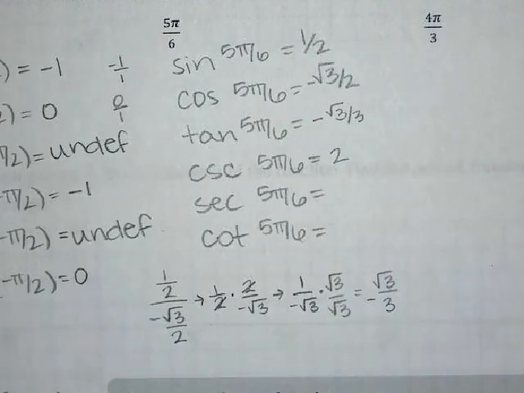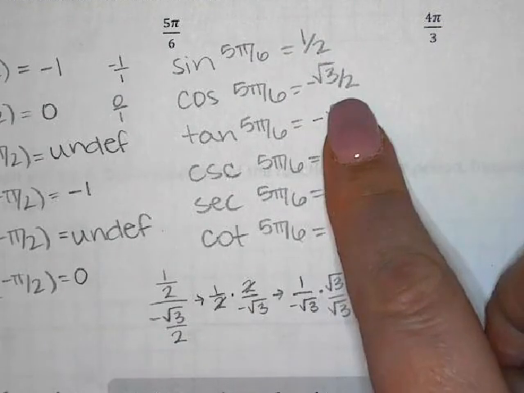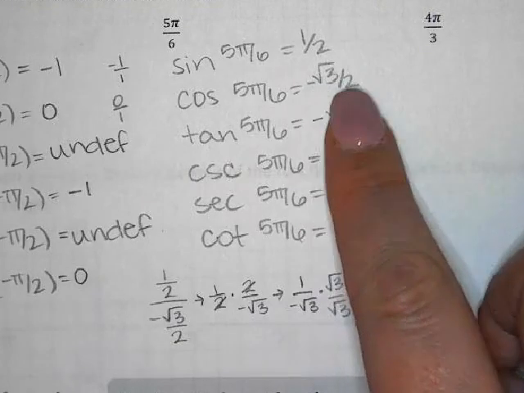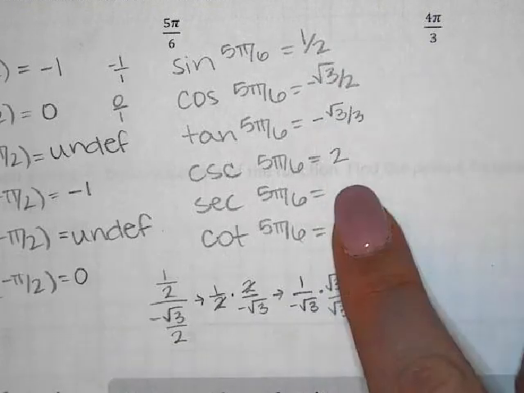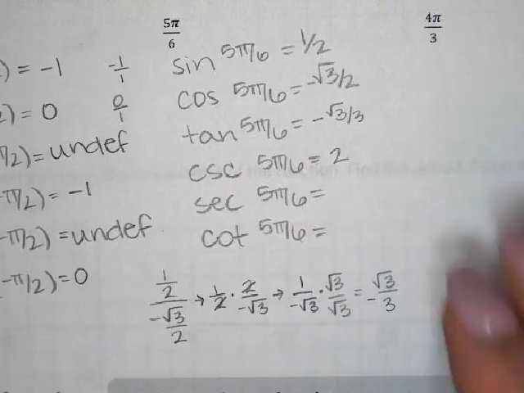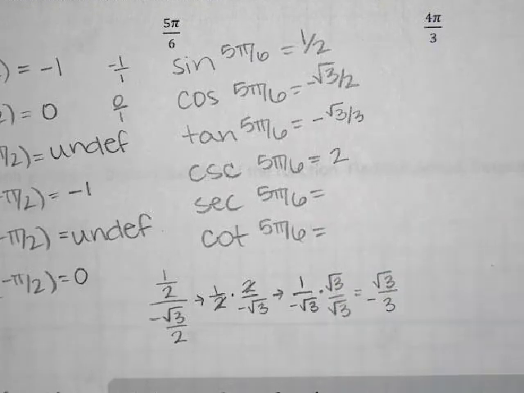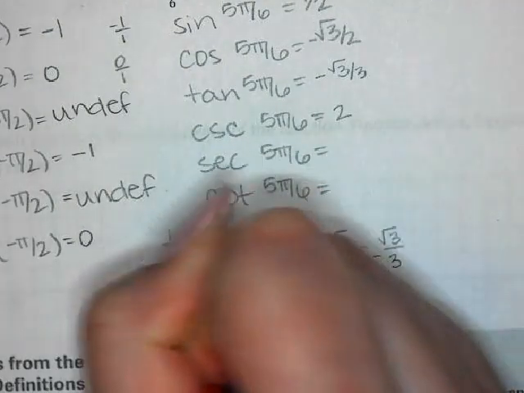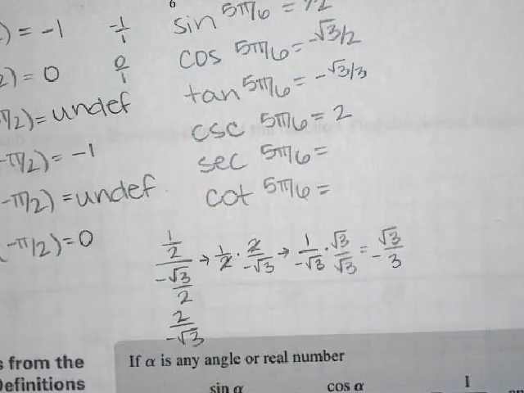Cos is going to take a little bit of work, because if we have -√3 over 2, then when we flip it for secant, it's going to be 2 over √3, which is not proper. We can't have a radical on the bottom. So I'm going to write this 2 over -√3, that is not proper.